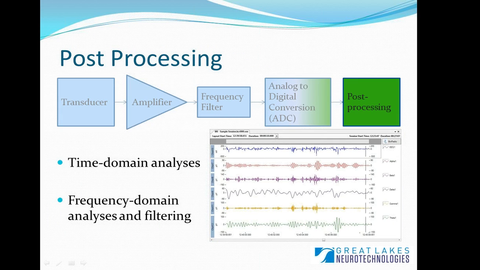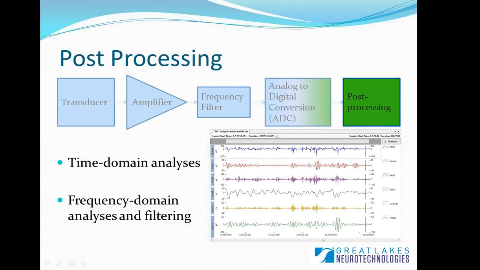All right. So there are several different types of post-processing techniques that you can apply to these types of physiological signals. And there's a lot that can be learned about the signals by plotting them and visualizing them in what's called the time domain. The time domain is when you are looking at the amplitude of the signal over time.